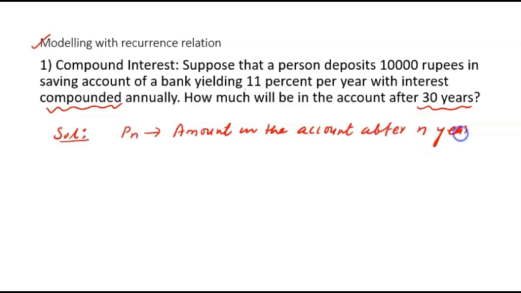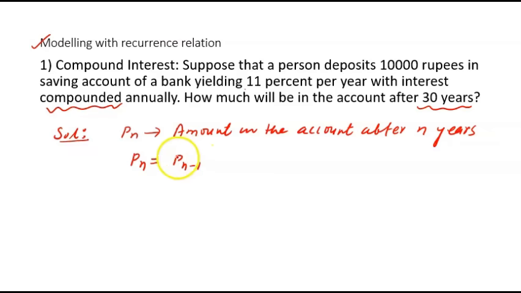We are using this notation Pn to represent that this is the amount after n years, right? Now it is very obvious how I have to calculate Pn. So at the end of n minus 1 years, the amount will be Pn minus 1, right?